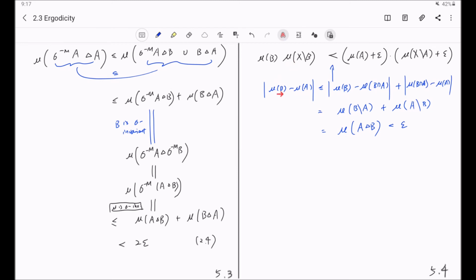And the fact that this part is less than this part has the same proof.